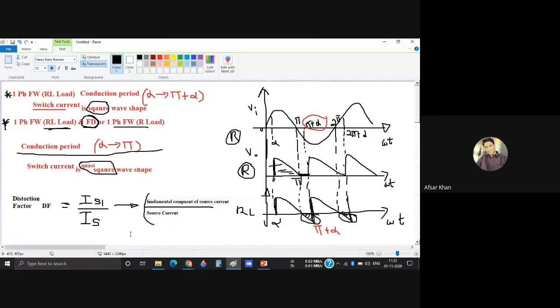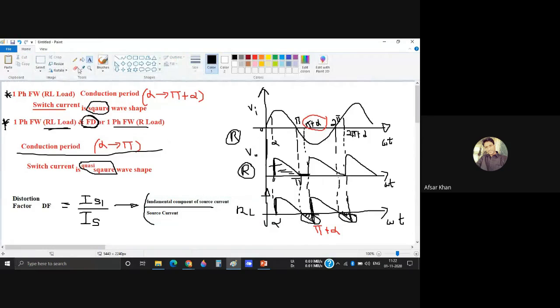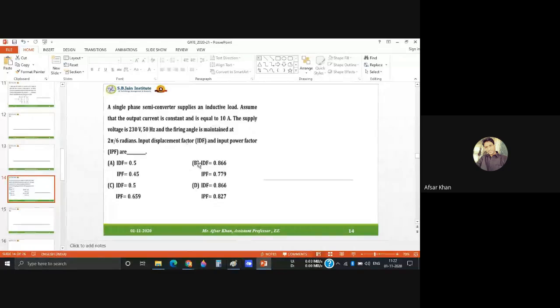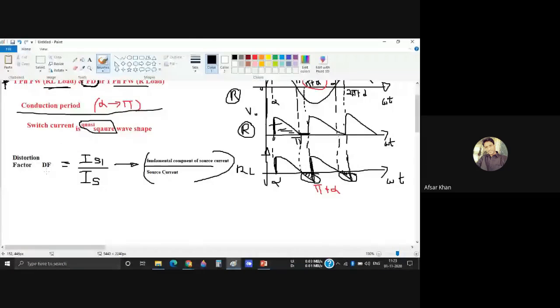This is the formula for distortion factor. DF is IS1 by IS, and IS1 is the fundamental component of source current. We will see the formula for everything. In the first or second class of this GATE course we have seen the formula for IS1 and IS, that is the Fourier expression. Yes or no, students?